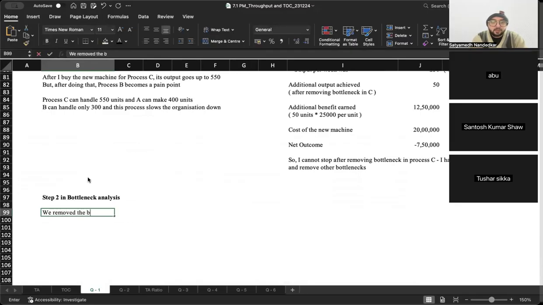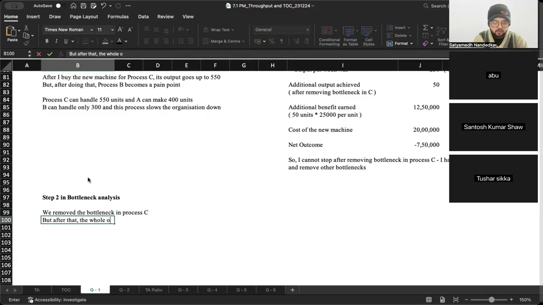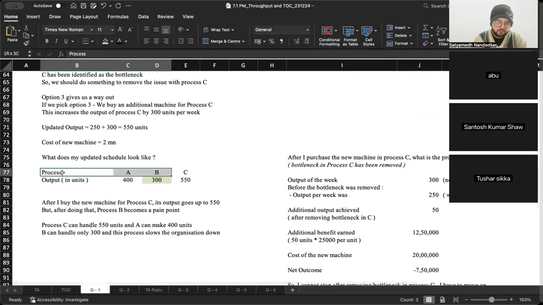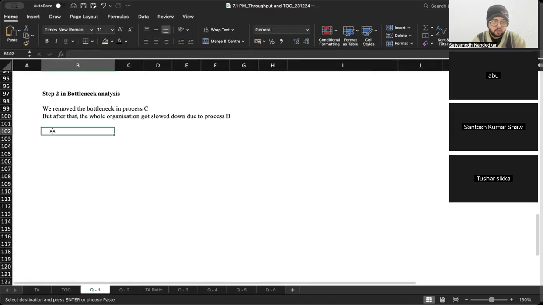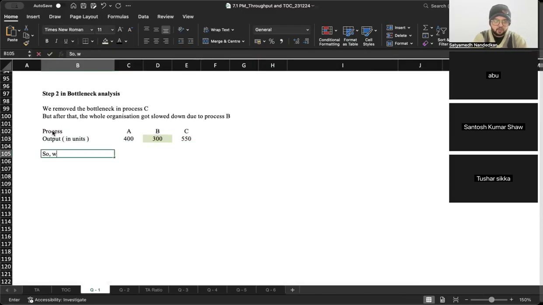We removed the bottleneck in process C. But after that, the whole organization got slowed down due to process B. The whole organization got slowed down due to process B. So we should now endeavor to remove the bottleneck in process B.